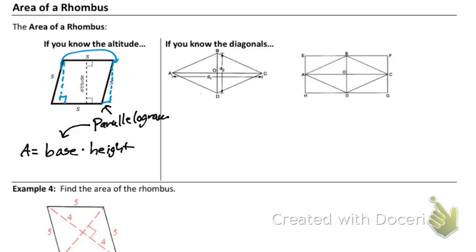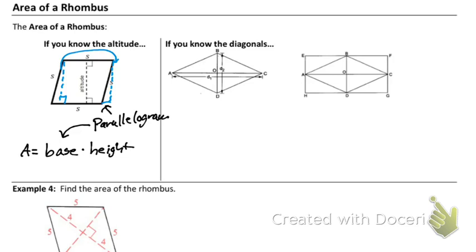Now, a rhombus is a very specific parallelogram in that all of the sides are equal. So there's another formula for the area of a rhombus, and this one is if you know both of your diagonals. What's going to lead us to this is drawing a rectangle around it.